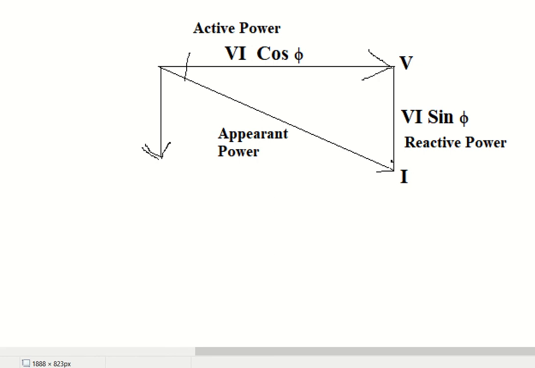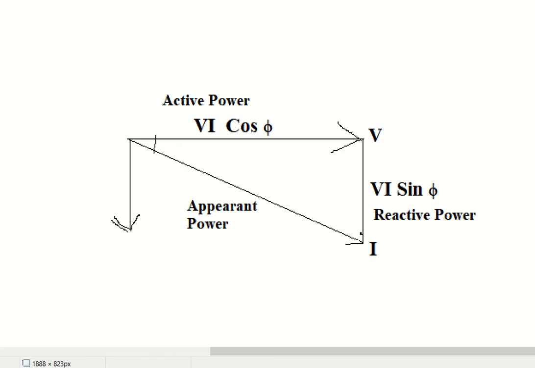Based on this, if you want to find the power factor, which is cos phi, how do you find it? Based on this triangle, you can simply divide active power by apparent power and you will find the cosine. So this is another way you can find the power factor.